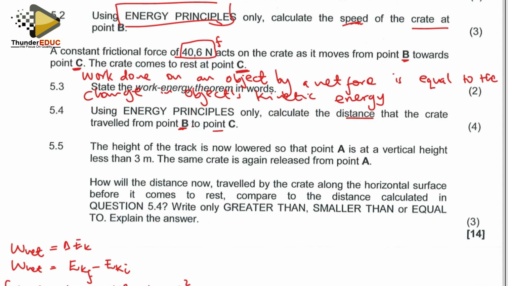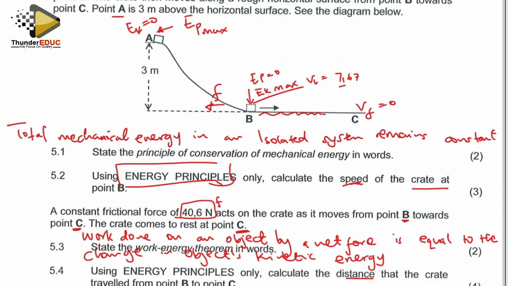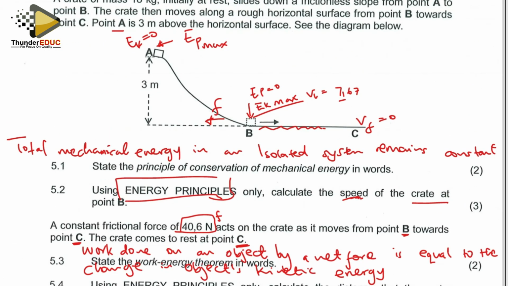Then 5.5, we're being told that the height of the track is now lowered. So that point A is at a vertical height of less than 3 meters. Okay, so somewhere here or below.